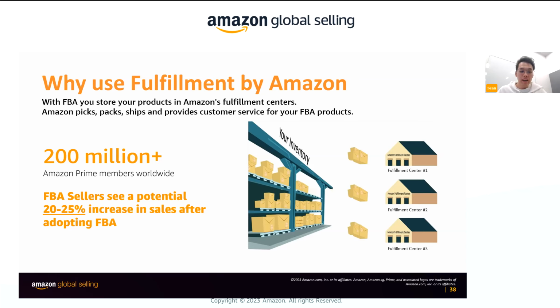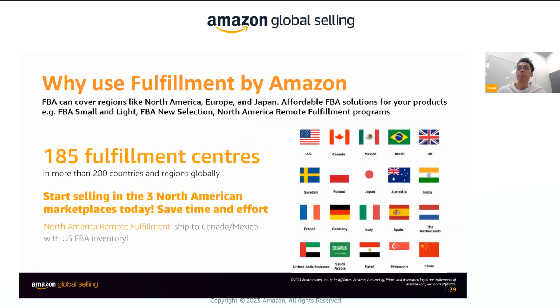And on average, FBA sellers see a potential 20 to 25% increase in sales after adopting FBA. Amazon has 185 fulfillment centers in more than 200 countries globally. So for a starter, what we encourage most sellers to do is to focus on the North America marketplace first. North America focuses on the US, Canada, and Mexico.